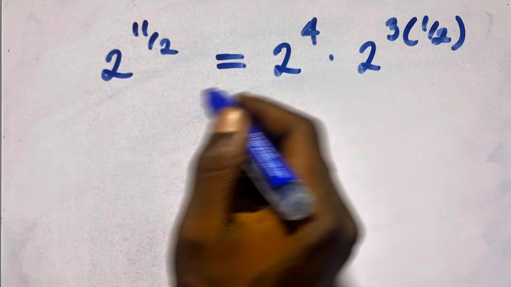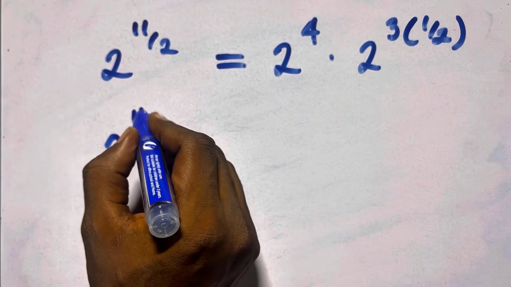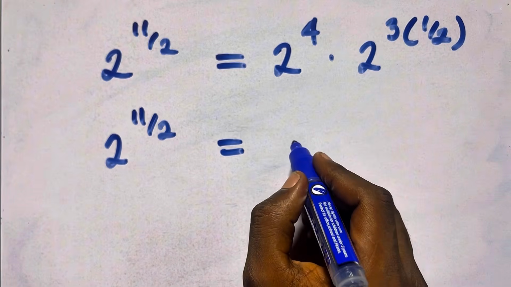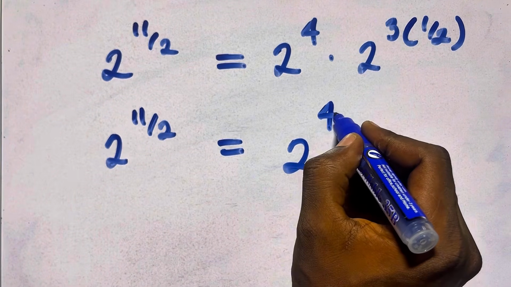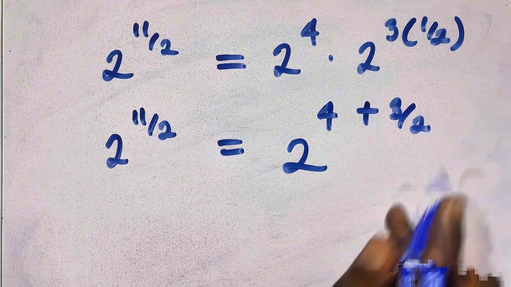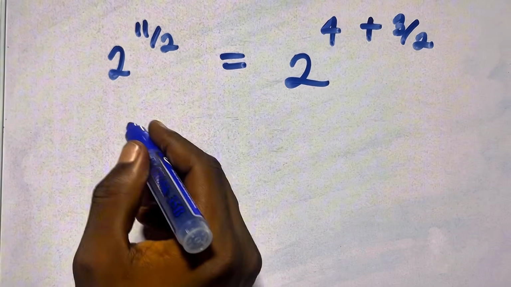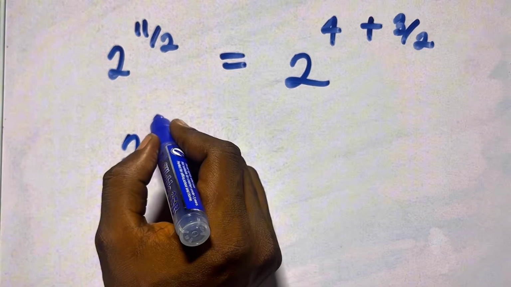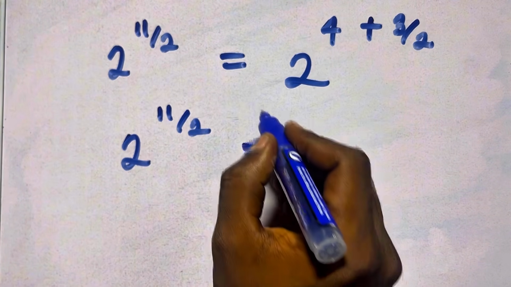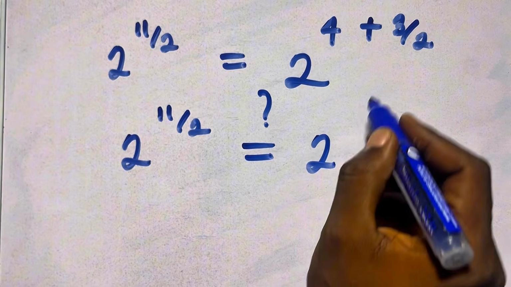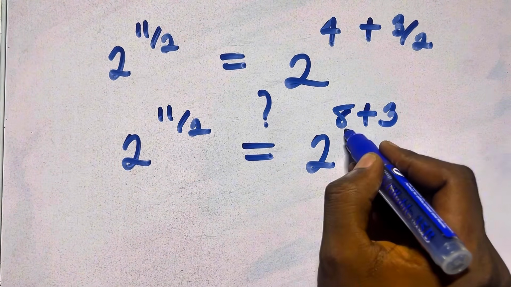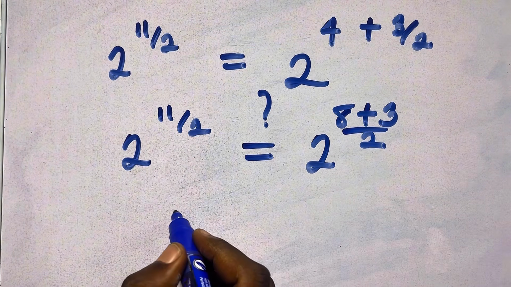So what we have now is 2 raised to the power 11 divided by 2 equals 2 raised to the power 4 plus 3 divided by 2. Let's add this together: we have 8 plus 3 divided by 2.